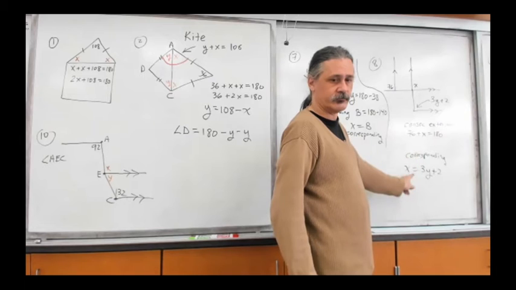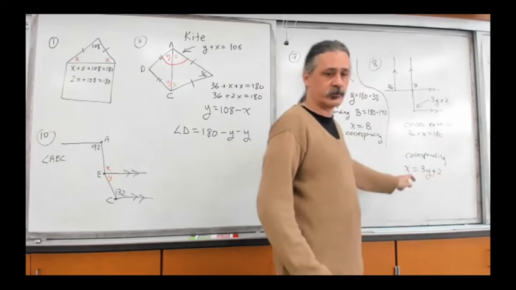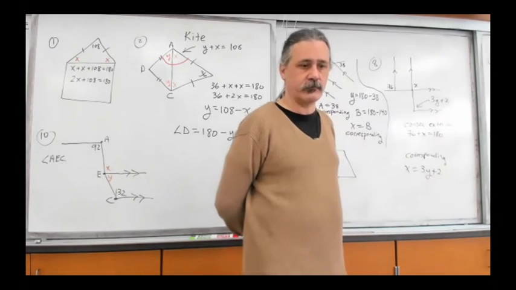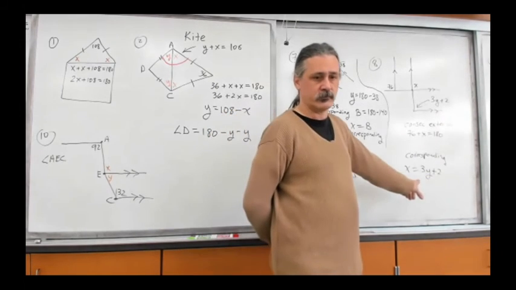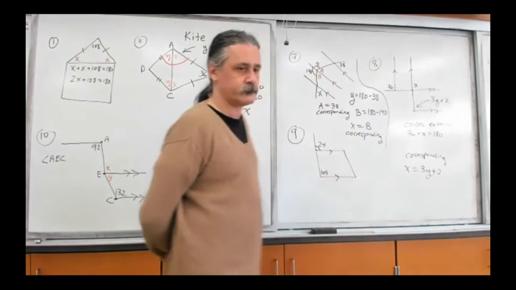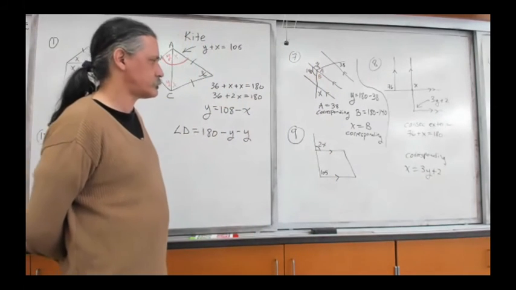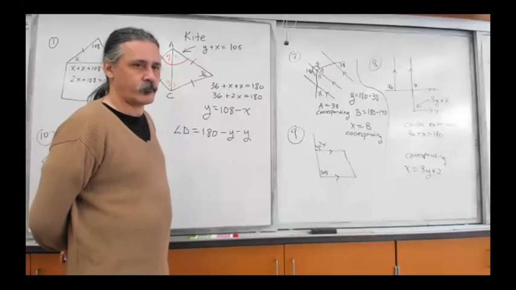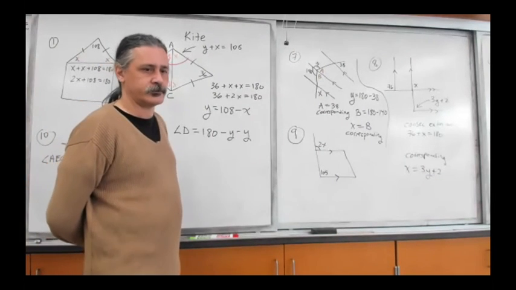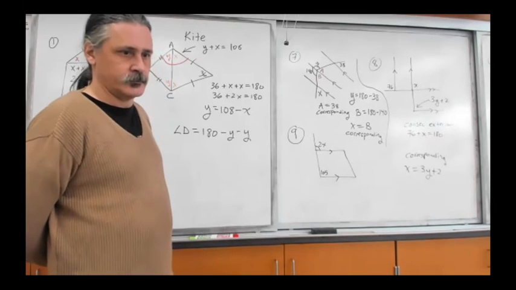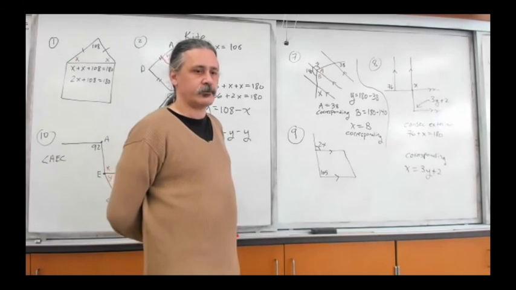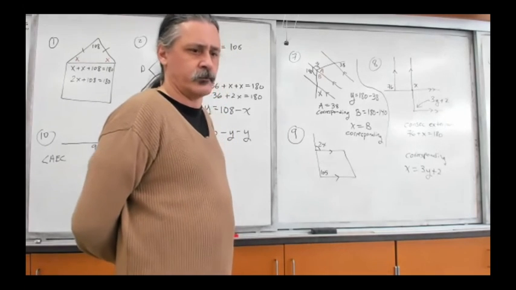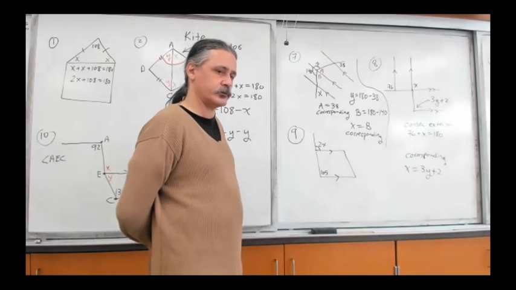So you just solve 3y plus 2 equals whatever that number is that I'm representing with the variable X. Again, parallel line transversal geometry, recognizing what types of angles we have tells us whether they're congruent or supplementary.